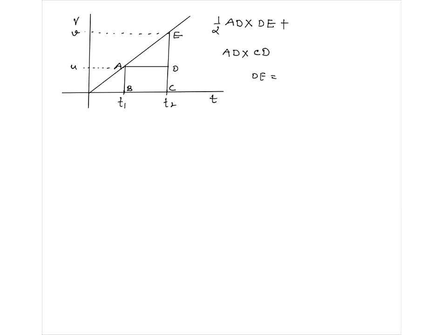V minus U. From here to here it is V. From here to here it is U. So this distance is V minus U. If you are thinking how speed became distance, it's a graph paper. You are taking a graph paper and plotting speed versus time, or magnitude of velocity versus time. So whatever you are doing is done on a graph paper. That's how we are able to talk about this distance as U or this distance as V. It's on the graph paper.